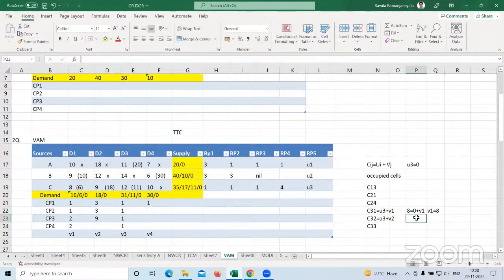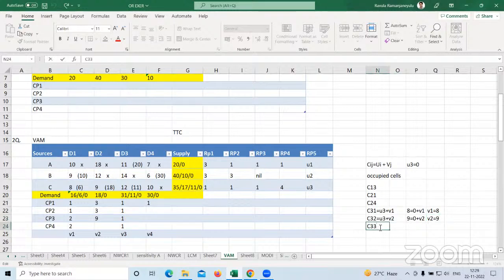So cost of 32 cell is 9. So 9 is equals to 0 plus V2. Therefore, V2 value is obviously 9 itself.